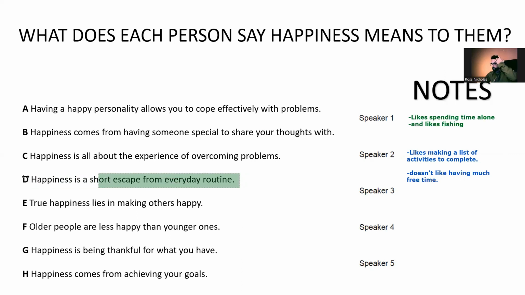Okay, so this, for escape from his problems, this could be possible. And for speaker 2, which could be a possible answer? This one's a bit more difficult. Maybe there are 2 you're thinking about at the moment. H. Why? Because she likes making a list of activities to complete.